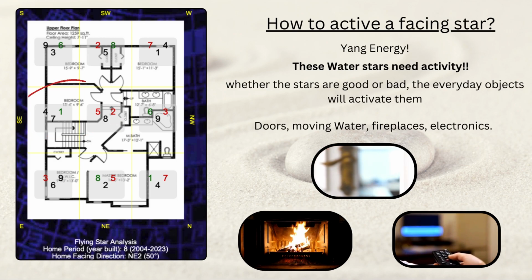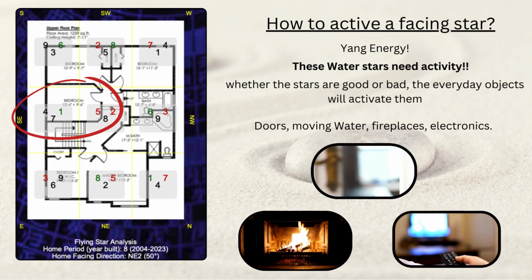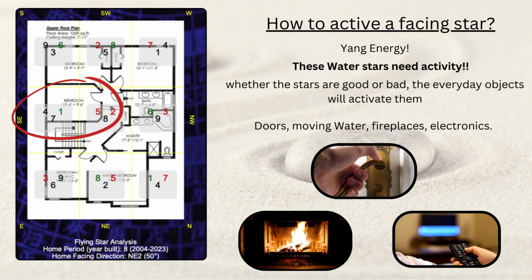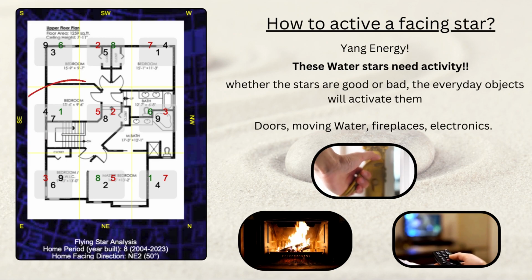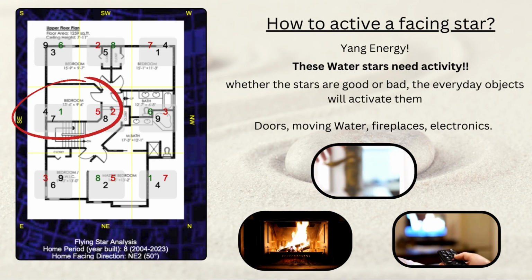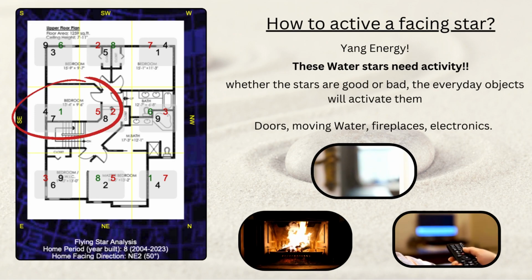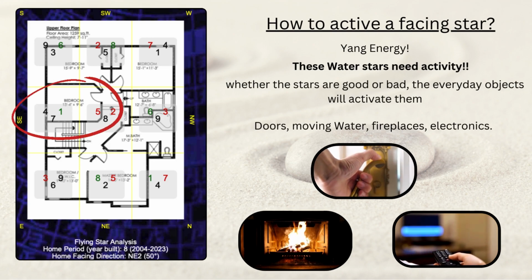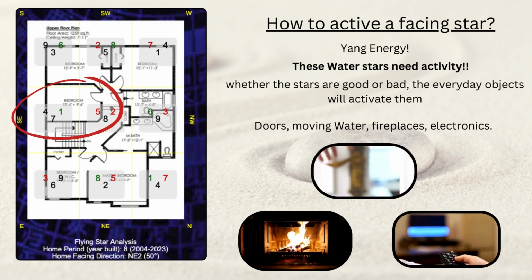So you want to be mindful of what numbers are in what sectors. If we go over a quick example, you'll see in this red circle here, bedroom is listed with a 4-1 energy. We're just going to be looking at the facing star here. The 1 energy is relating to success, wealth.